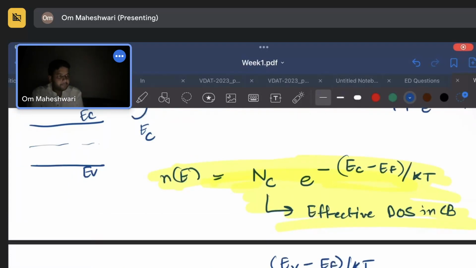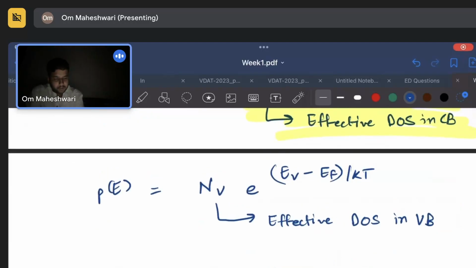Nv is the effective density of states in the valence band. And if I just write the values of Nc and Nv, this is also important.